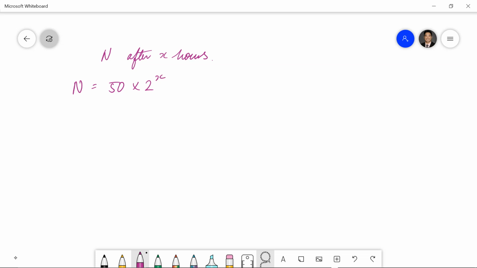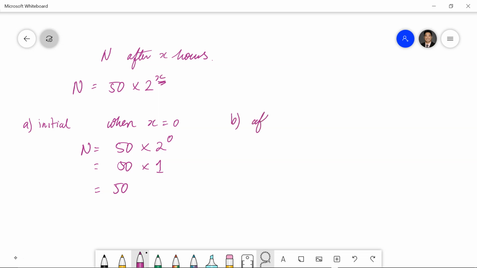The initial amount is when x is equal to 0, so n equals 50 times 2 to the power of 0. Anything to the power of 0 is just 1, so the number of bacteria at the very beginning is 50.